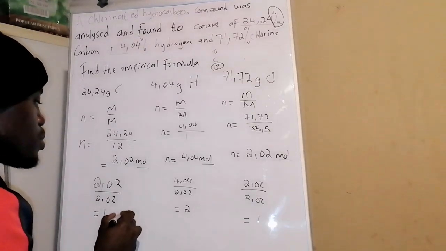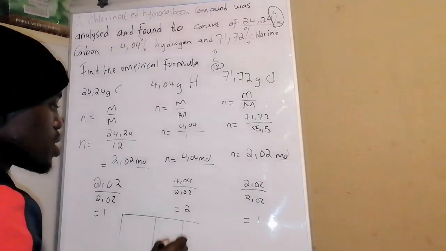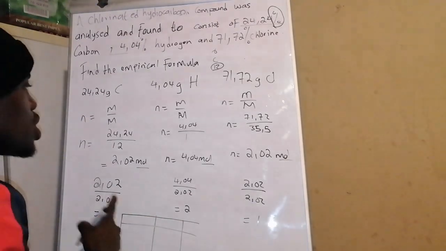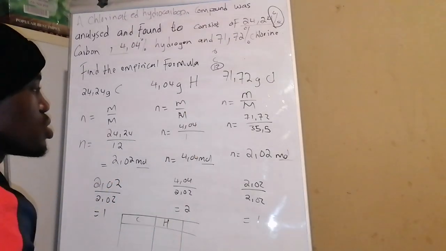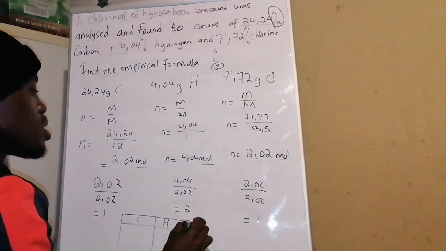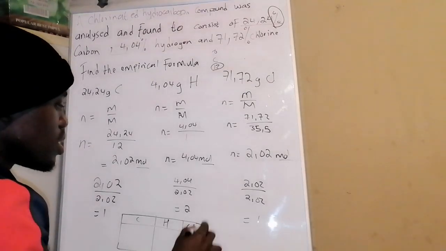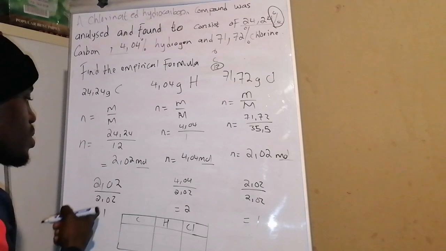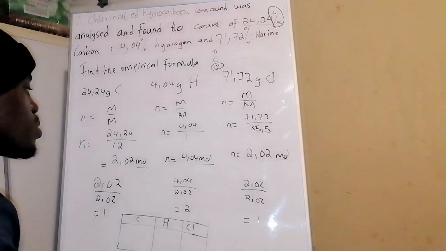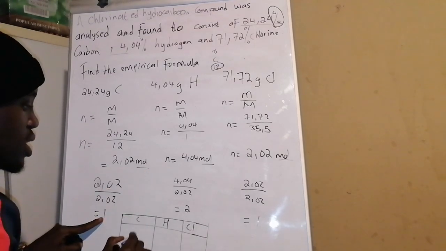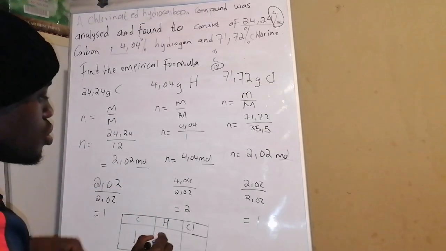Now the next step, you just draw a small table like this. Since you are given 3 elements, you are given element carbon, element hydrogen, and element chlorine. After you have divided the number of moles that you have calculated by the smaller number of moles, for carbon you got 1, right? Then for hydrogen you got 2.